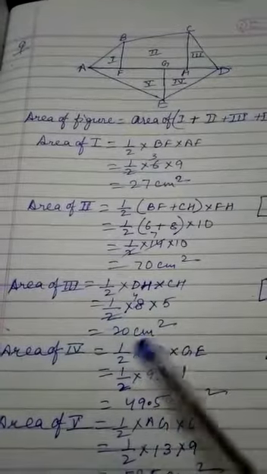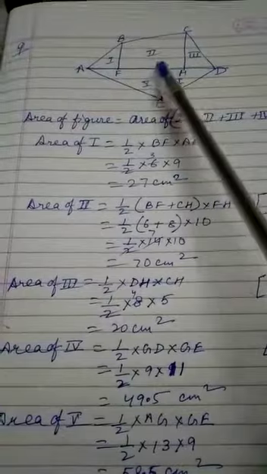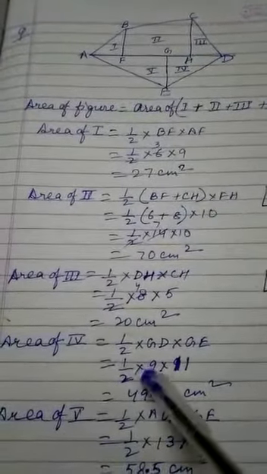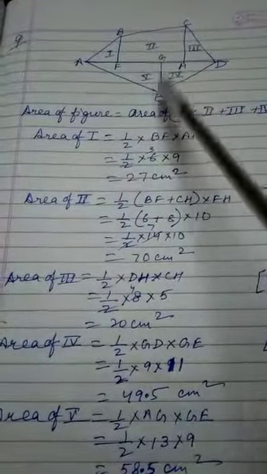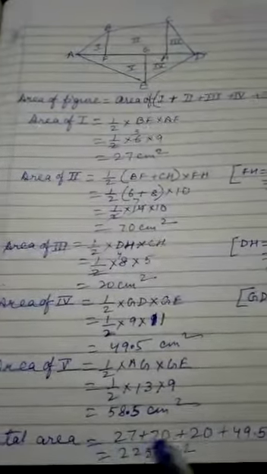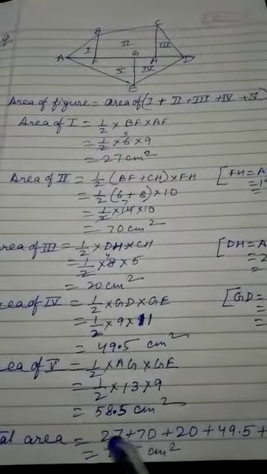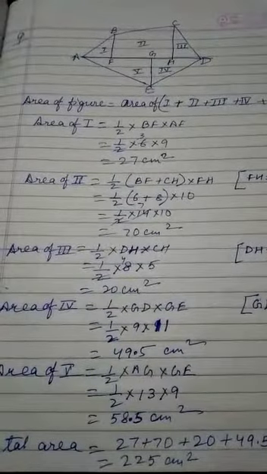We'll get the area. Fourth one again, this is the base GD into GE, so we'll get the area. Next one is half into base AG into GE. Then at last we will find the sum of all the areas 1, 2, 3, 4, 5, and we'll get the area of the polygon.